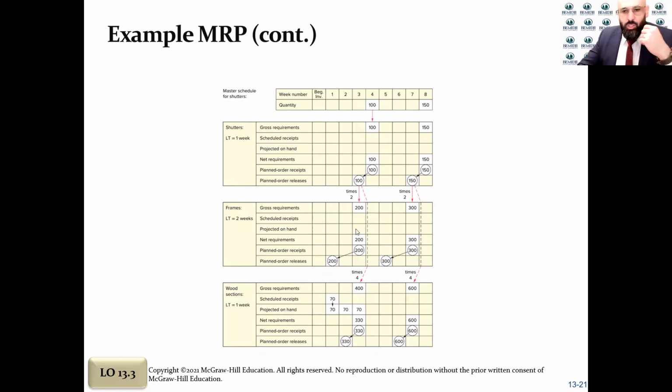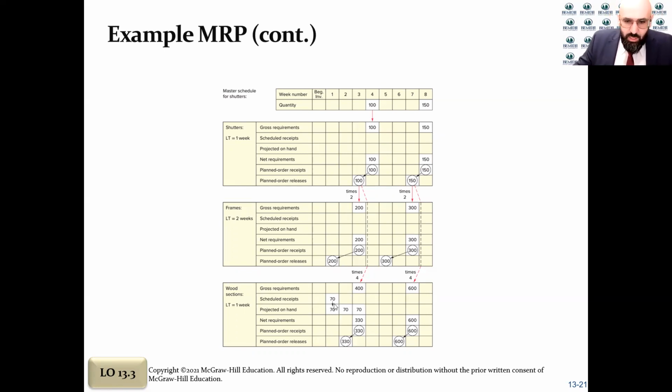All right, now moving into the next child, which is the wood sections. We know that for each shutter, we need 4 sections. So 100 shutters is equivalent to 400 sections. And when is that needed? Needed on week 3. And we know this is a 1 week lead time. However, we have some scheduled receipts. We will receive 70 from the supplier, from a partner.